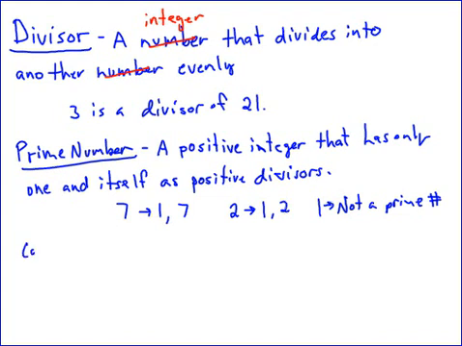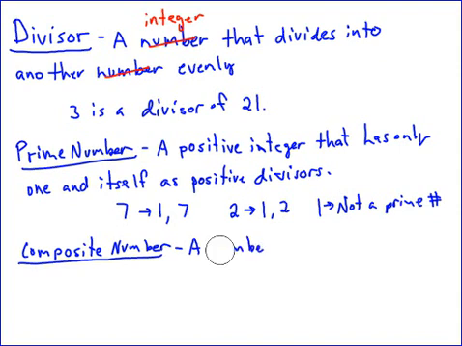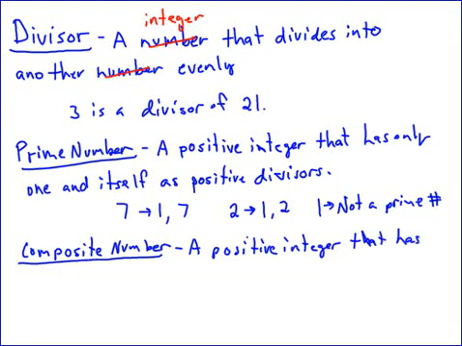Okay, the other number that is often used in conjunction with prime numbers is a composite number. When we talk about a composite number, we are discussing a positive integer that has a divisor that is not 1 or itself.